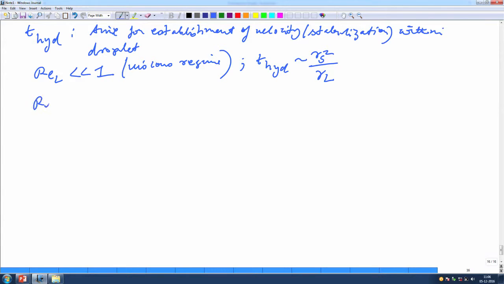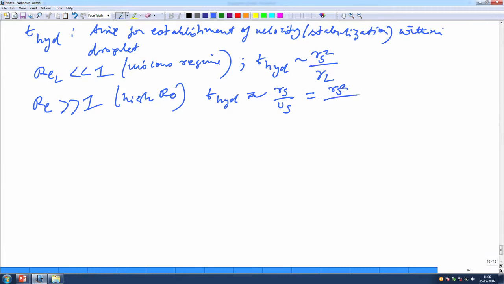Now, in the high Reynolds number case, that means the Reynolds number much greater than 1, this same t_hydrodynamic will now scale as Rs by Us. Us is nothing but the surface velocity, right. So, in other words, this will be equal to Rs square divided by nu_L into Reynolds number L.